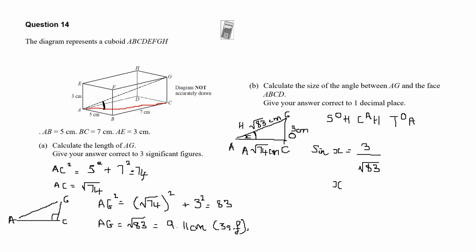So therefore x will be sine inverse of 3 over root 83. So x will be 19.2 degrees to 1 decimal place.